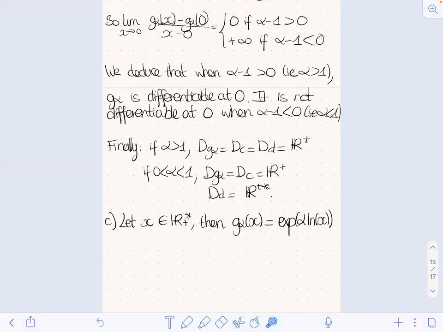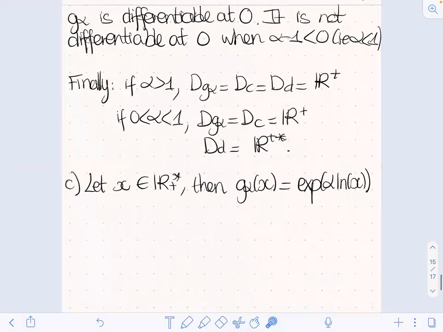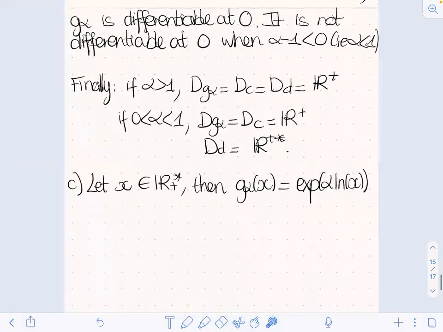Yeah, what we can do here is compute the derivative of this function using tools that we've learned so far. So if we take this composite function, forgetting about the fact that x is in R plus star, and we want to derive it, we can do it as follows.